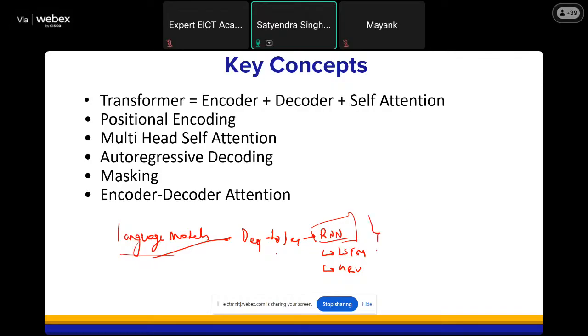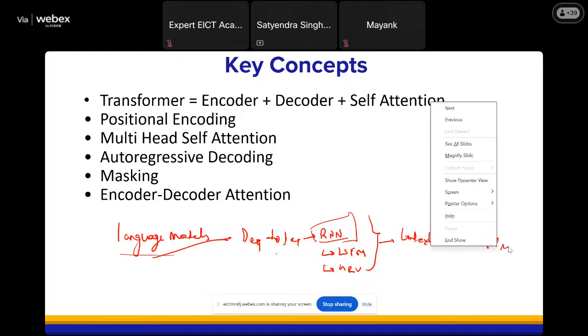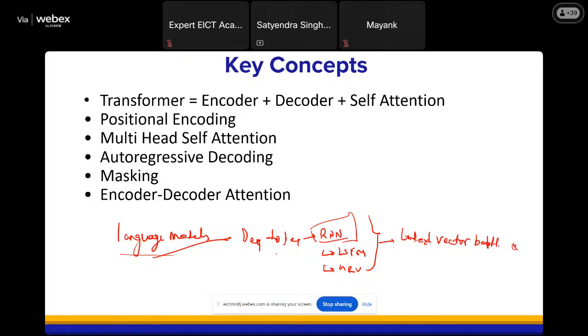Together, this sequence to sequence model has two problems: context vector bottleneck and sequence processing.